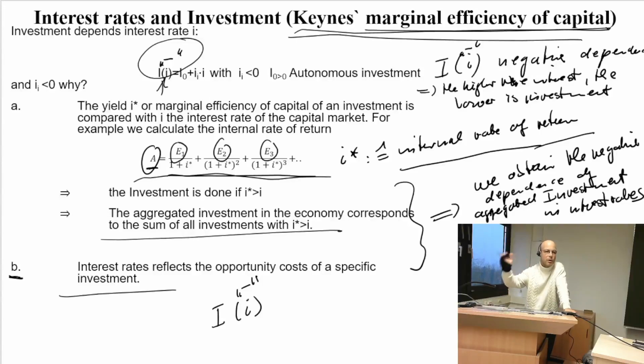So if the volume of investment in our economy would be at a level of, let's say, 400 billion euros at 4%, what happens then to our volume of investment if the market interest rate decreases from 4% to 3%?